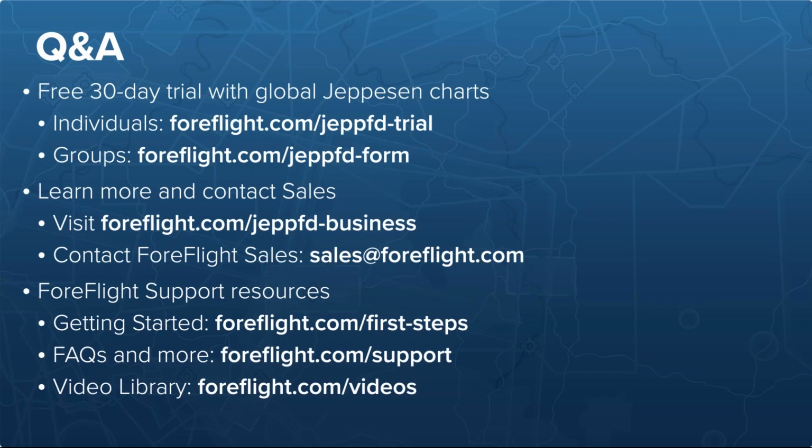So the only difference really between how the different subscription plan levels handle Jeppesen charts is some of those additional features, like being able to see your position on them, being able to overlay the charts on the map. And really, Pro Plus is the one that includes all of those.